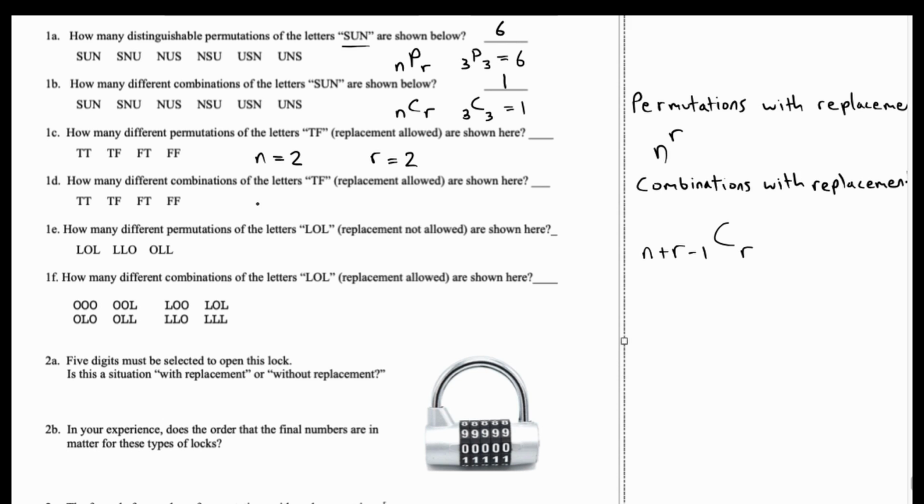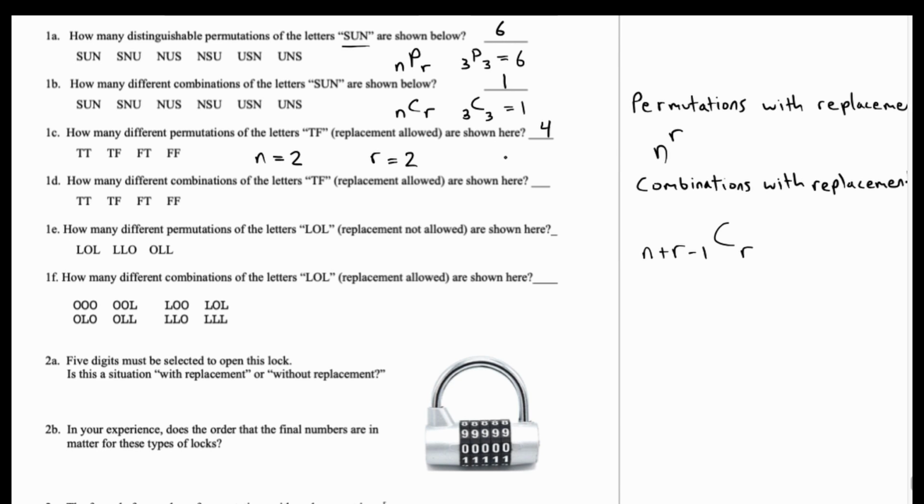How many permutations are appearing there? Like, what is the answer to 1C as far as how many different permutations we have? 4 different permutations. TF and FT are in a different order, even though they're the same objects.